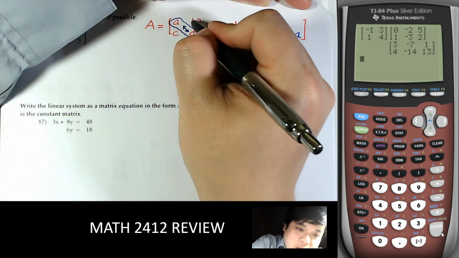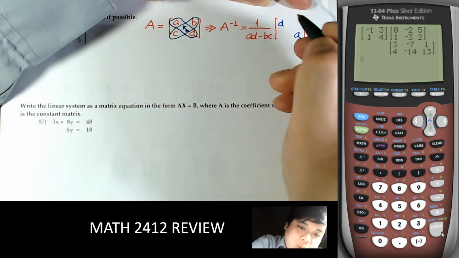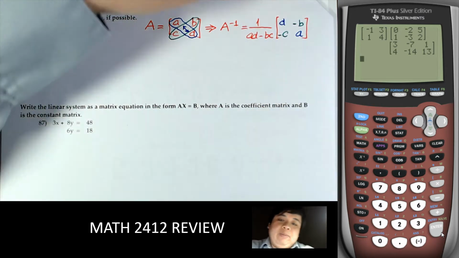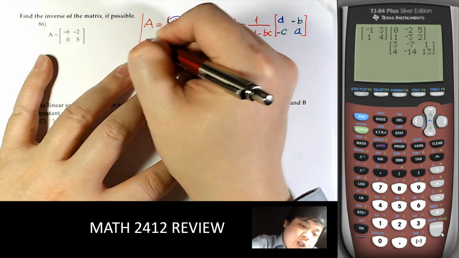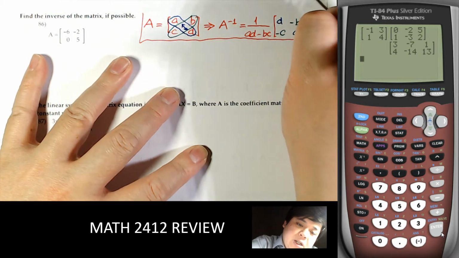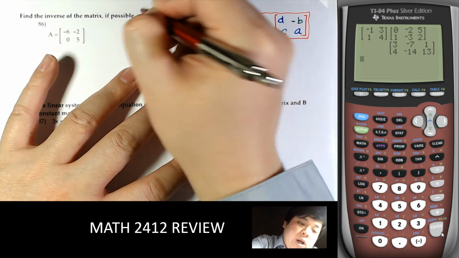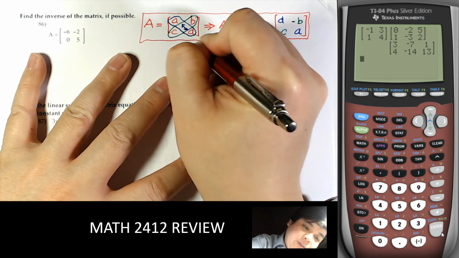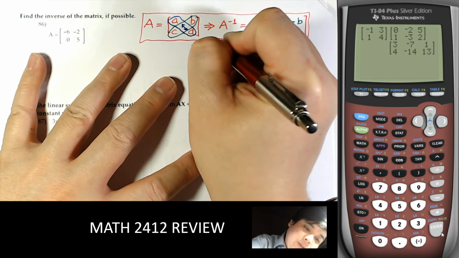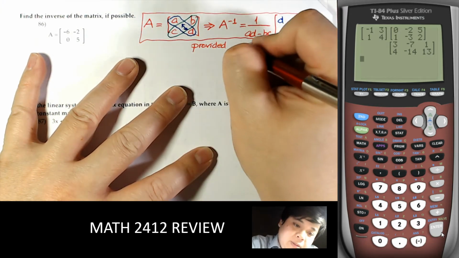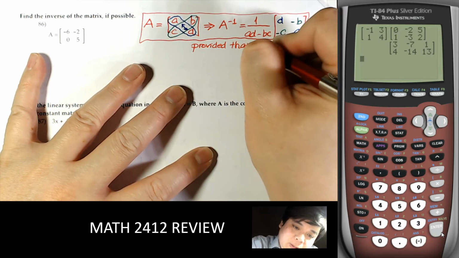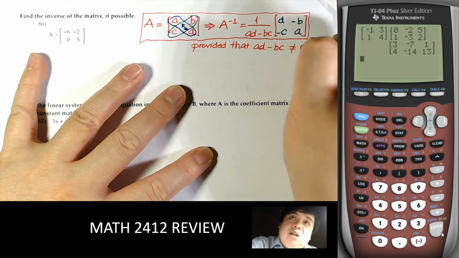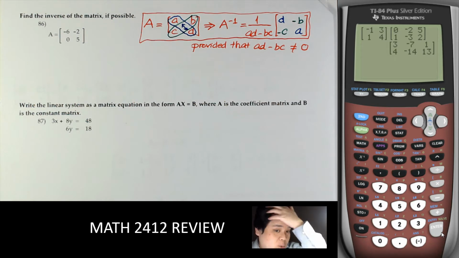And the other two entries we just negate, so negative b, negative c. That is the inverse of a 2 by 2 matrix. Of course, it only exists if ad minus bc is not equal to 0, because dividing by 0 is undefined, and therefore the inverse will not exist.